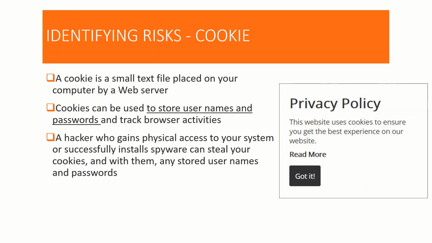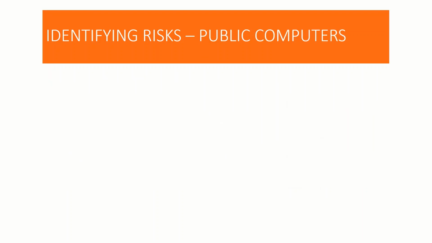Another risk is the use of public computers. The risks in using public computers, such as those found in the library or computer laboratory, have to do with protecting your privacy and your personal accounts. Remember that anyone who has physical access to a public computer can access any information stored on it.